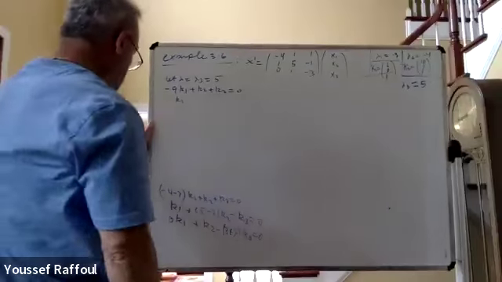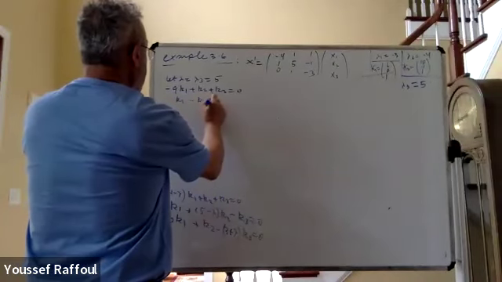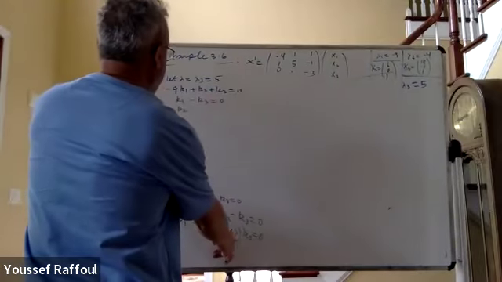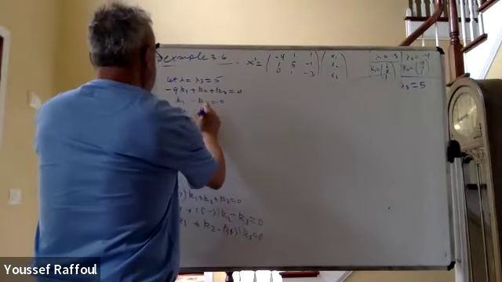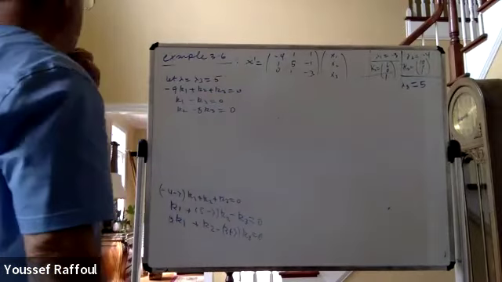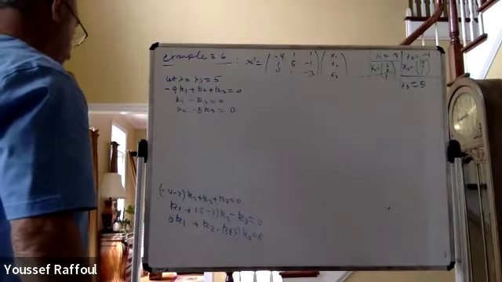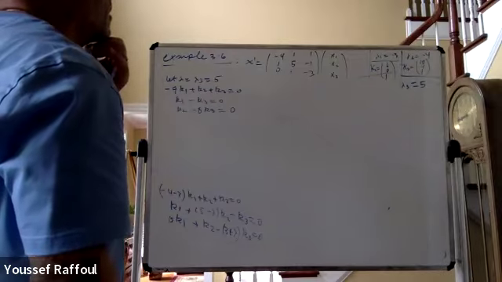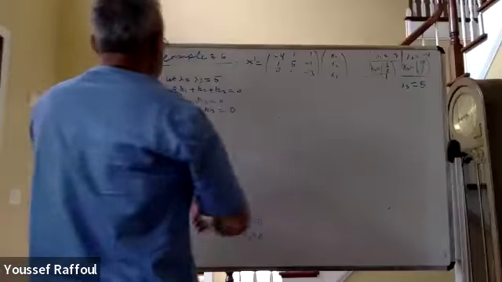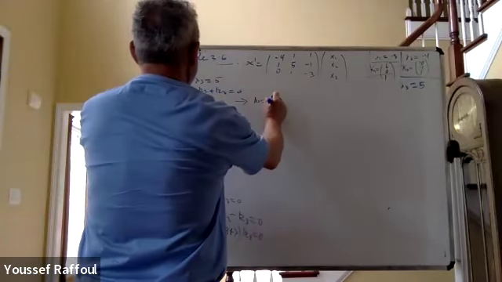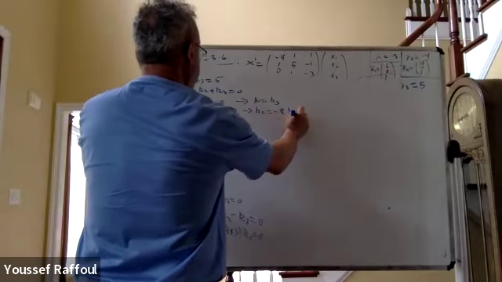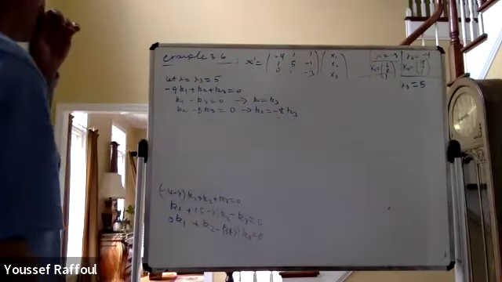K1 minus K3 equals 0, and K2 minus 3 plus 5 minus 8, K3 equals 0. Okay? Because lambda is 5 now. You need to be careful. All right. So from here, I'm going to get K1 equal K3, and from here, K2 equal -8 K3.